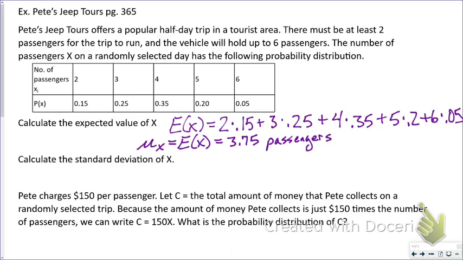All right. Standard deviation. We've only done that one time before. It's a little annoying to do, but we have to do it. We go x minus the mean, square it, times x's probability.